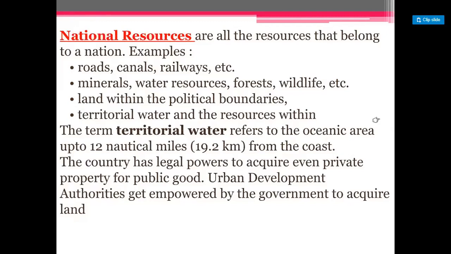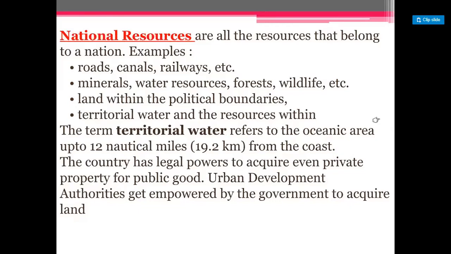This is one more most important question. Territorial waters. And 12 nautical miles area, that means 19.2 kilometers from the coast. That is called national resources.